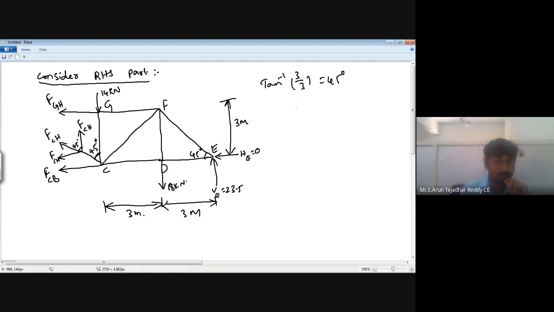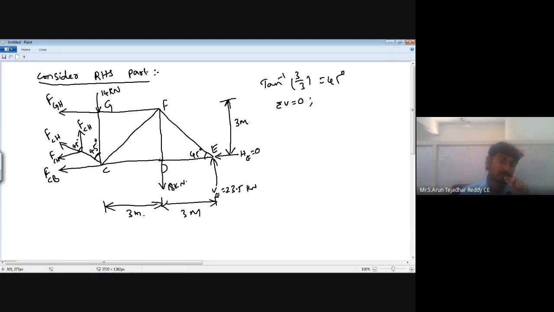Now apply equilibrium equations. Vertical force is equal to 0. How many vertical forces are acting? That is 18 kilonewton, VE 23.5, 14 kilonewton, and FCH also vertical with corresponding angles.